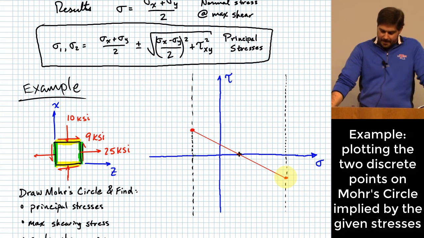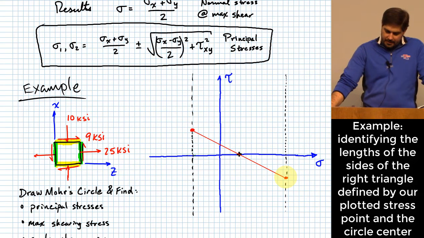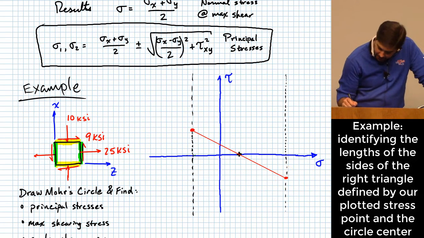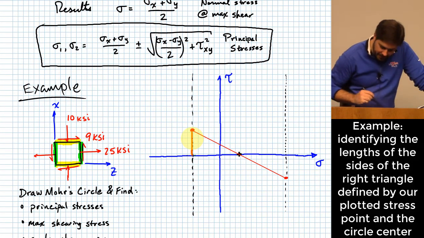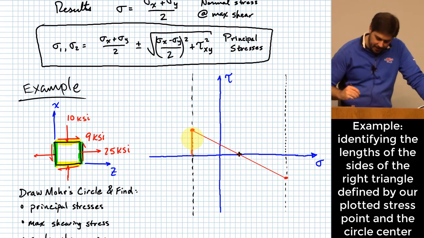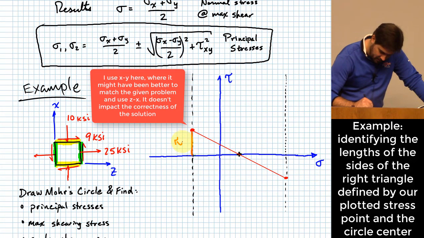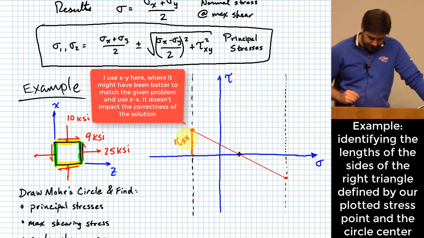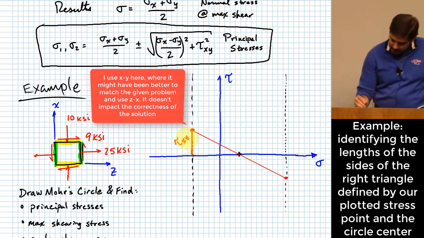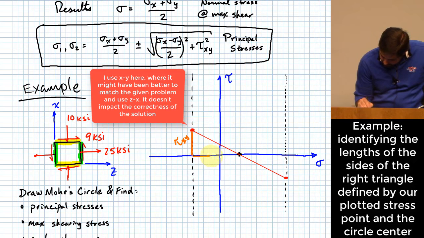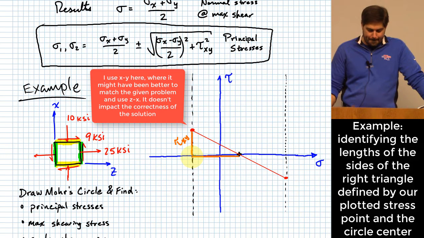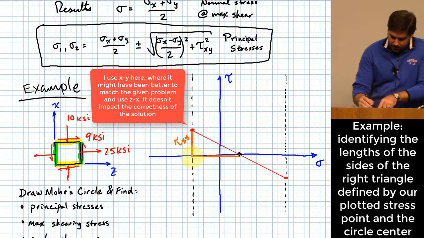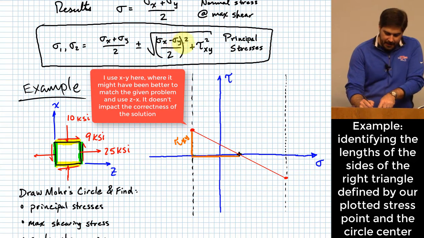All right. The other thing that you might notice is that this value right here, I'm going to show a little triangle right here. That height right there is tau xy, right? What's this length over here? Okay, that's going to be half the difference between sigma x and sigma y.